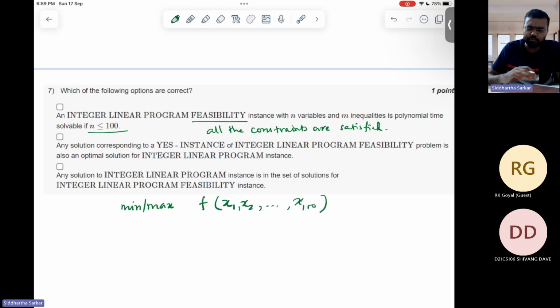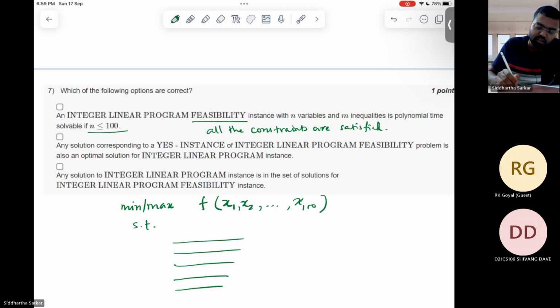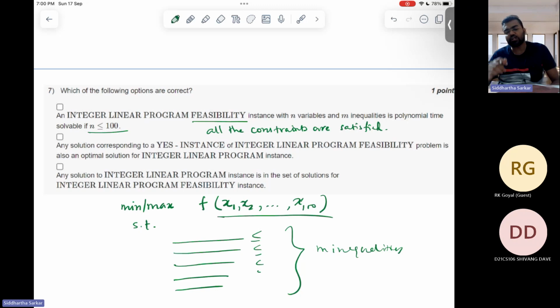And it is a linear function, in the sense there are no quadratic or larger powers of any variable. All the variables have degree 1. Subject to that, there are linear constraints. But how many constraints are there? The inequalities are there, m inequalities. And each of these inequalities is in at most 100 variables only.